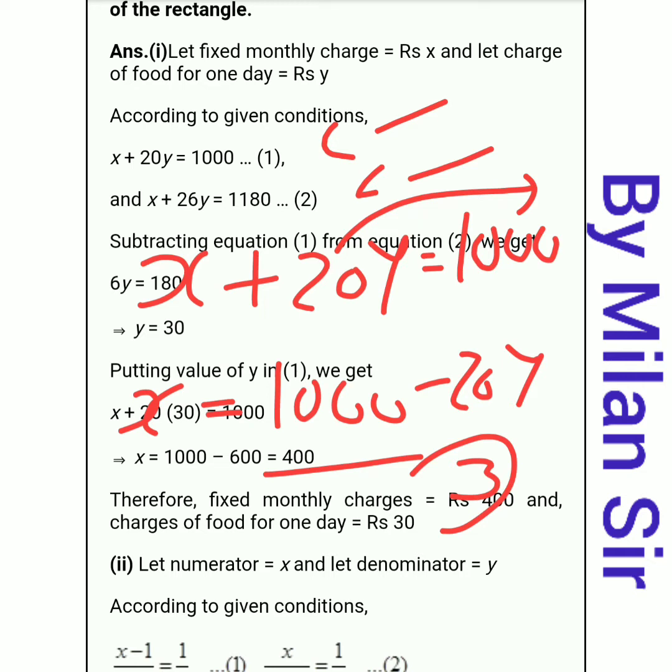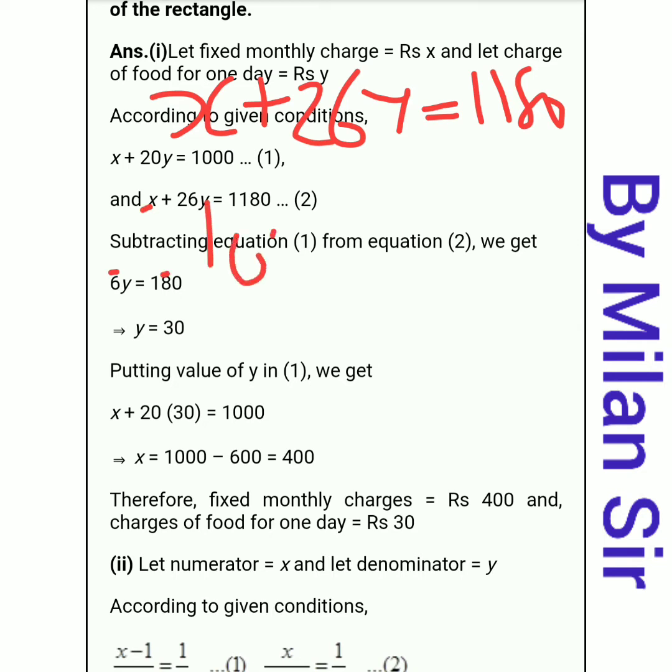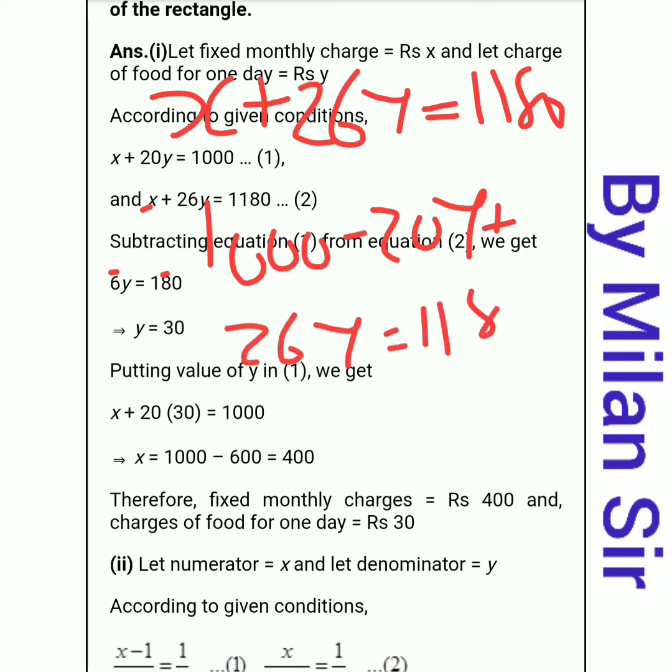Now we need to put this value in equation number 2. Our equation number 2 is x plus 26y is equal to 1180. Now put x is equal to 1000 minus 20y, plus 26y is equal to 1180. Now transfer this 1000 to the right hand side because we want our constant term on the right hand side.